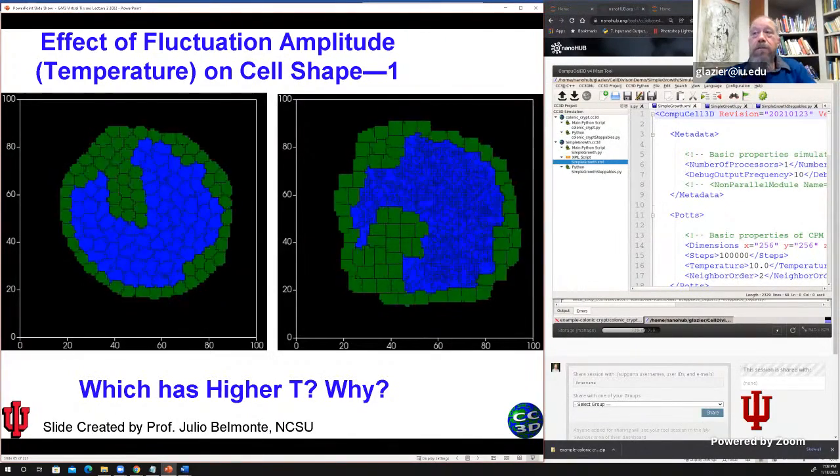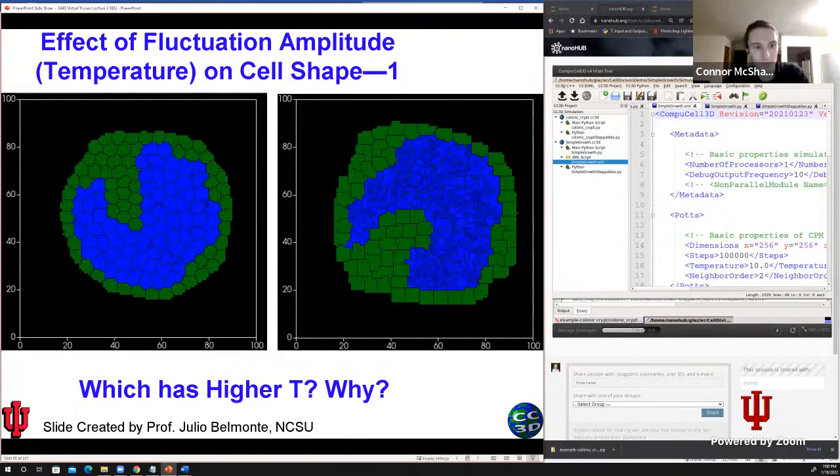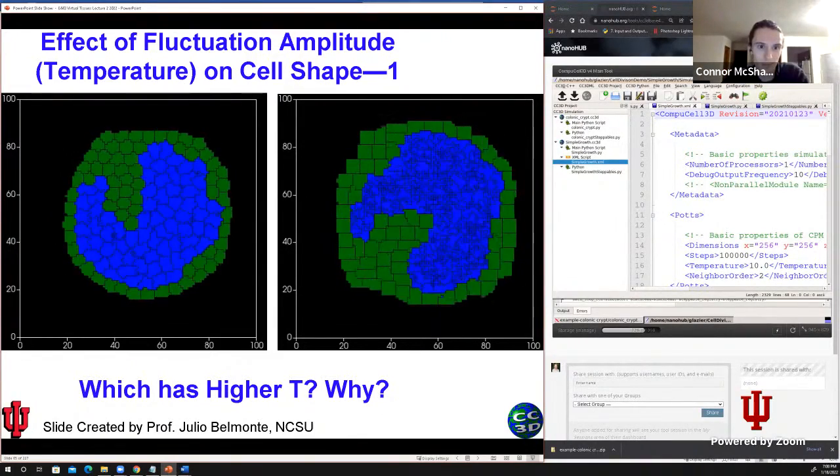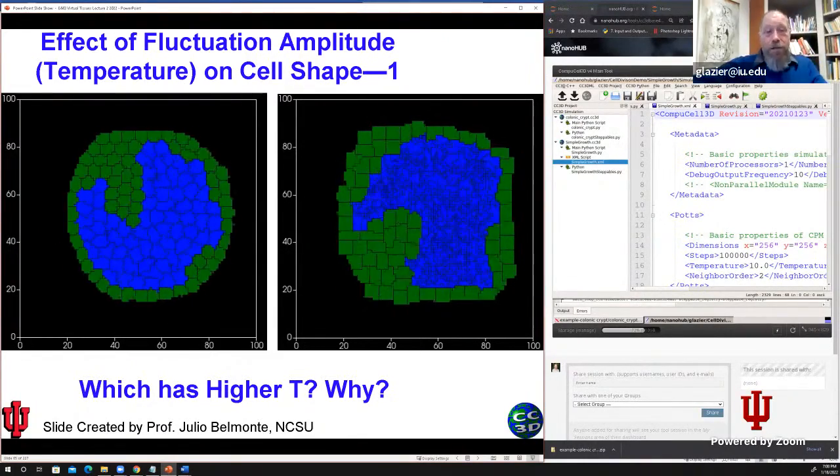And this is a little bit of a trick question because something else has happened here that makes this not quite what you think it is, perhaps.